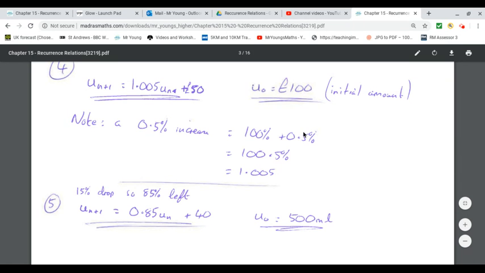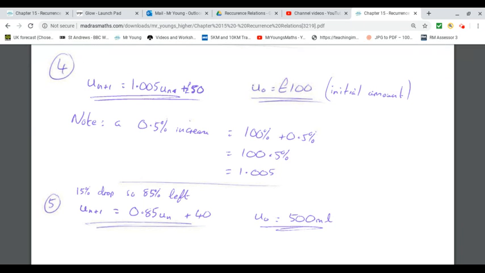So that'll be 100.5%, or 1.005 times as much as what she did have. So when setting up a recurrence relation, our multiplier, or our coefficient of Un, will be 1.005. So this works out as a 0.5% increase on the previous amount.